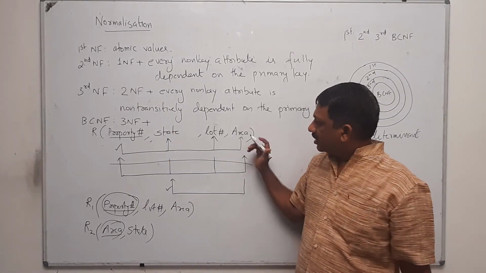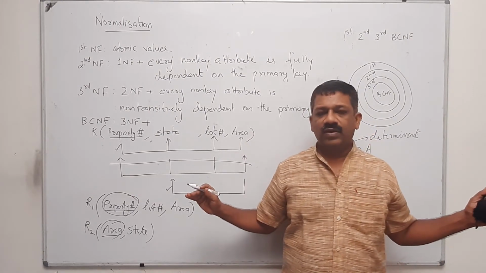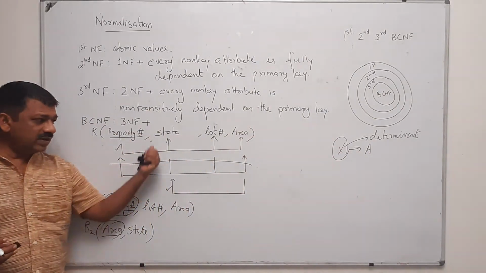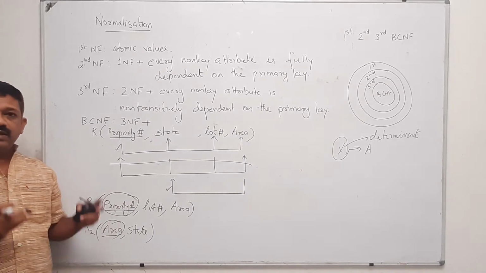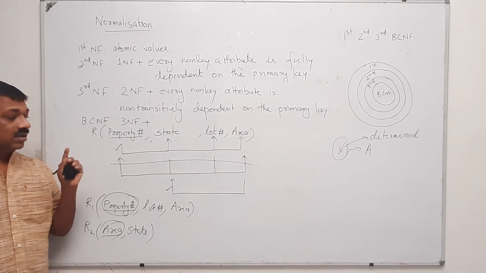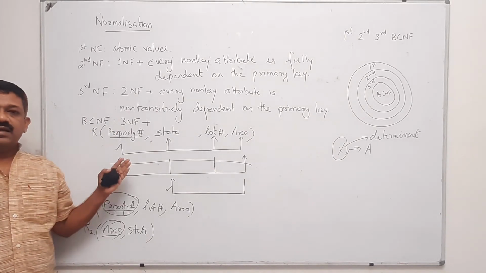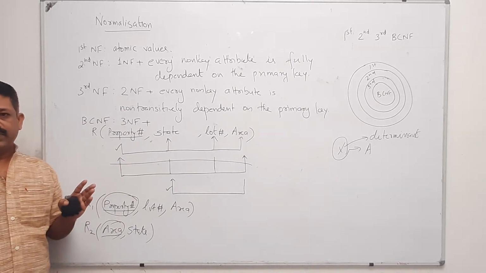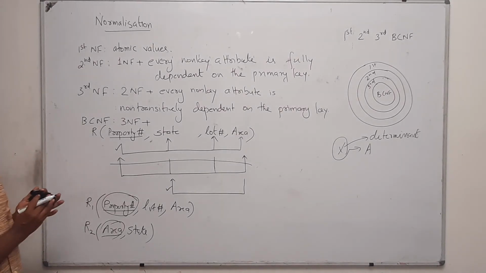In that case, as this is not a candidate key, you have to split it. So if you have a number of dependencies in a table and it has to be in BCNF, then every determinant, as far as that relationship is concerned, should be a candidate key. Otherwise, it is not in Boyce-Codd normal form.